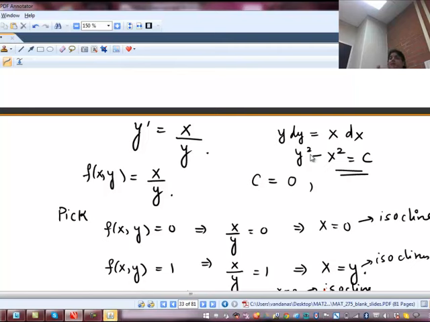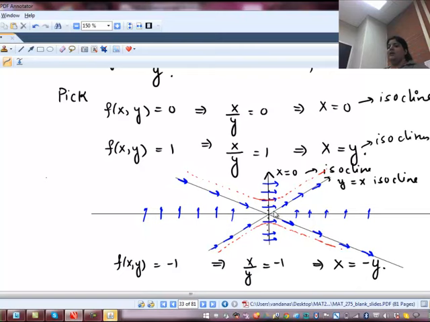So you can try on the same line, picking the same slopes, 0, 1, minus 1, and undefined, infinity. So these are the isoclines. All these graphs are isoclines. Blue lines are direction field, and the red dotted line is the solution curve.